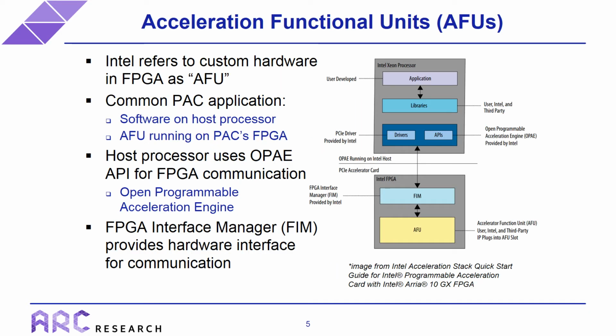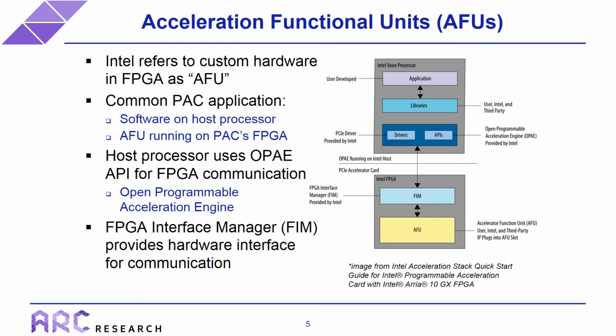So the most common way of using the Intel PAC is to have software that's running on some host processor, and then a custom hardware accelerator running in the FPGA on the PCI Express card, on the PAC. And Intel refers to this custom hardware as an acceleration functional unit, or an AFU. So this figure shows the basic idea of how that works.